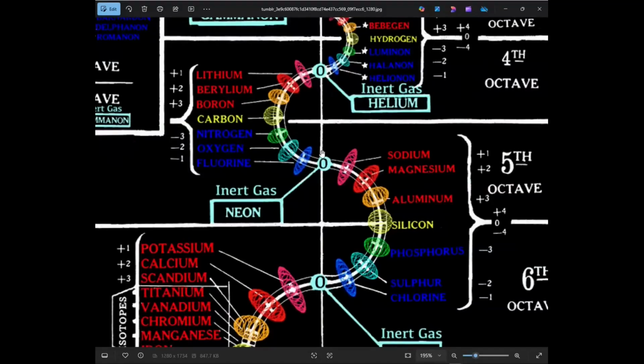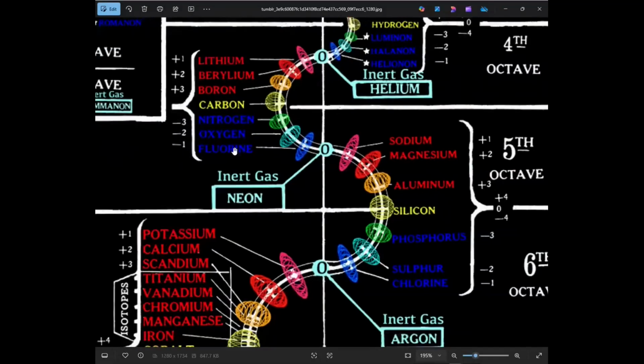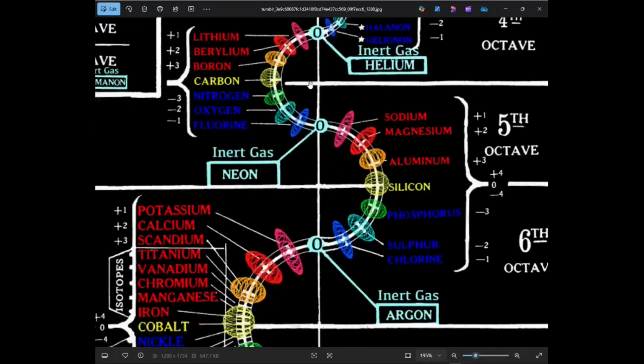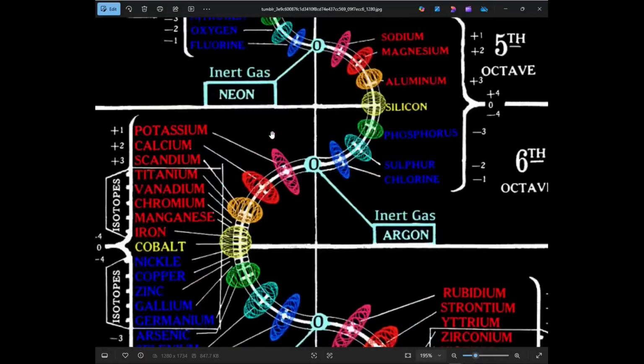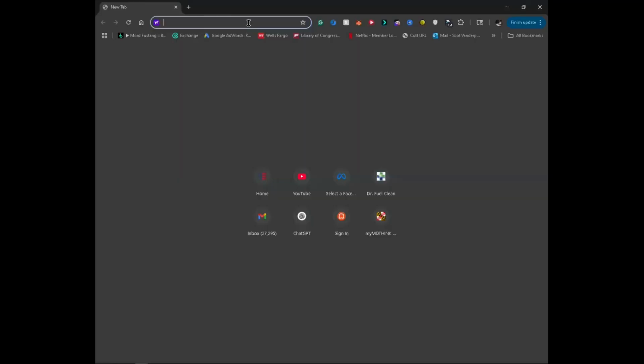And so I know that fluorine, which is right here, which is -1, should combine with, I don't know, potassium, which is +1. And they're both in the first pressure zone. So fluorine potassium would be a combination of something. Now, we could check this here. Let's just for laughs see if fluorine potassium is a combination. I'm just going to search it.